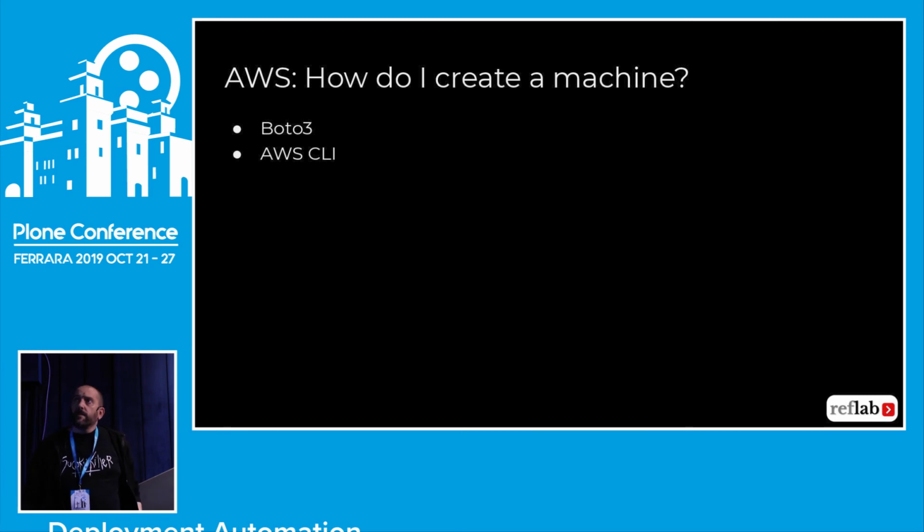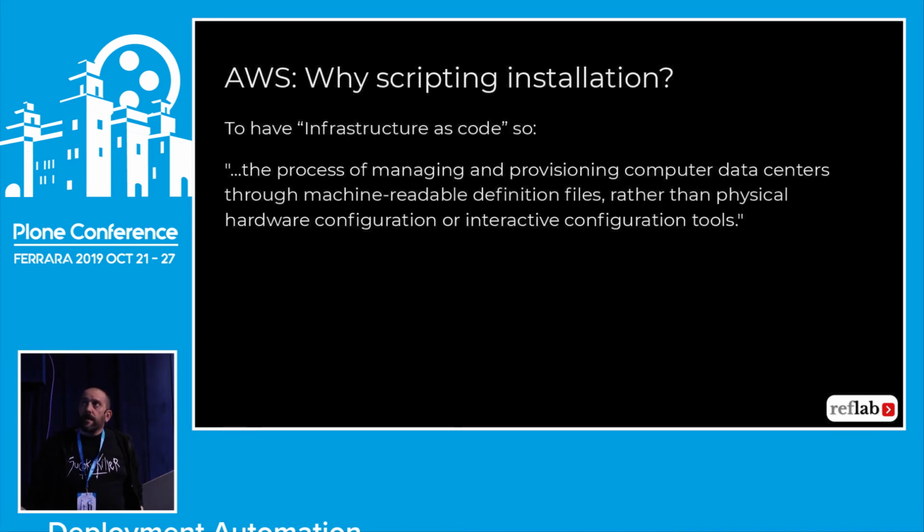How do I create a machine using Boto3 or the command line interface? They are very similar. The only difference is that the AWS CLI you can use in a Bash script, and Boto3 instead is a Python library.